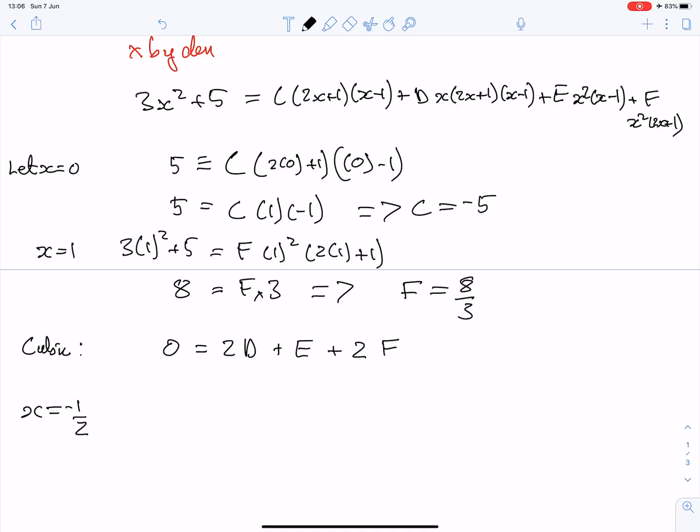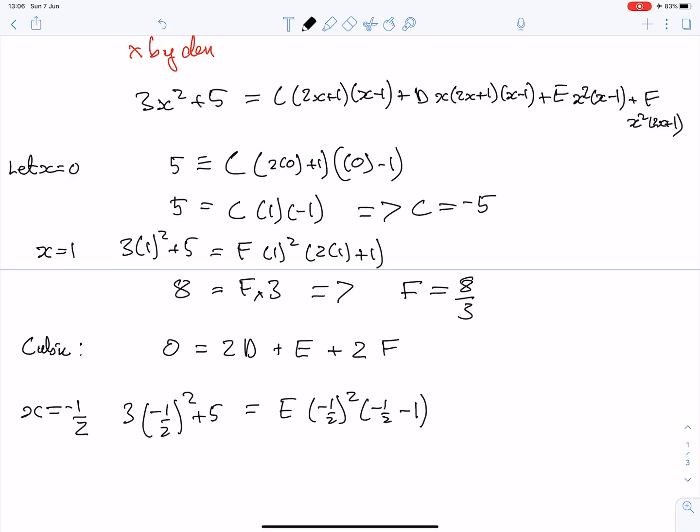So we put in -1/2, 3 lots of -1/2 squared plus 5 equals, the C term we said 0, the D term we said 0, so that leaves E lots of -1/2 squared times -1/2 minus 1, and the F term we said was 0.